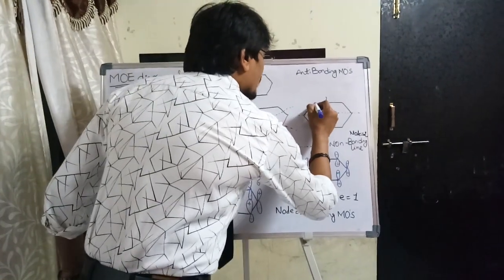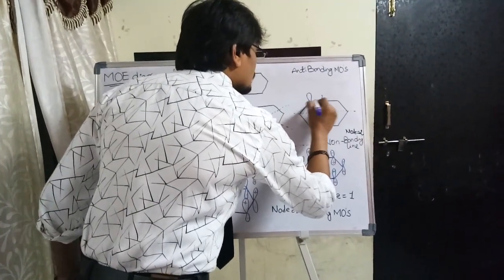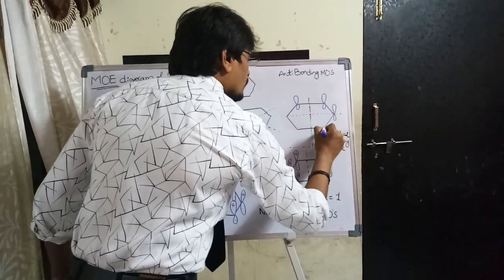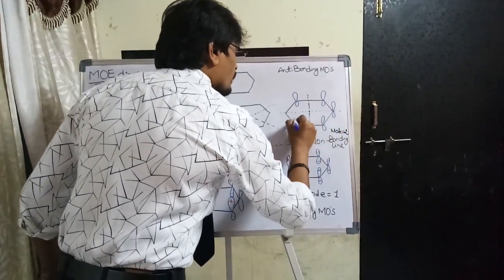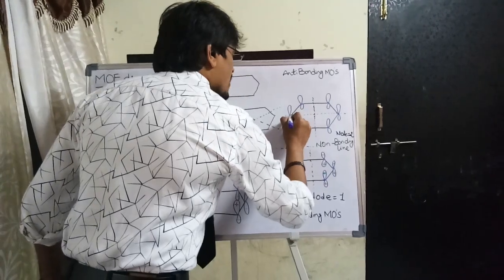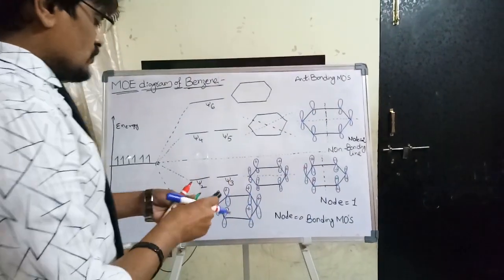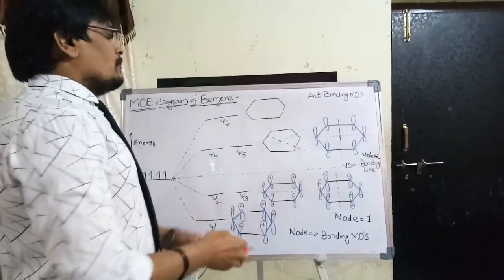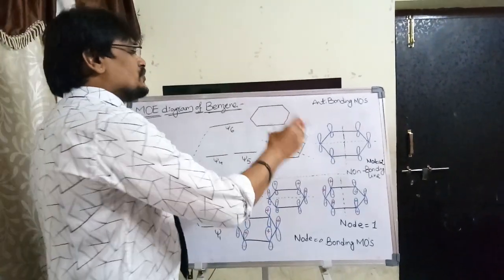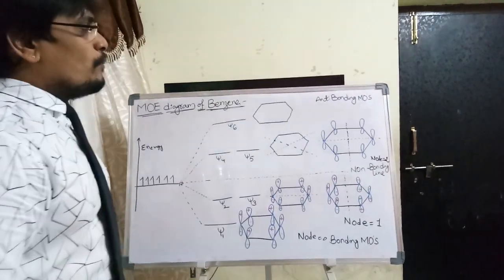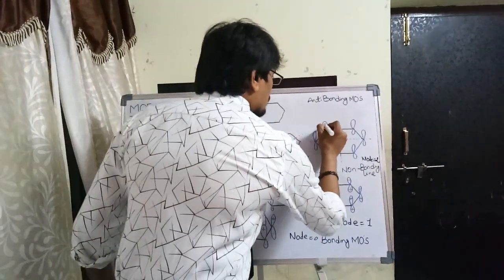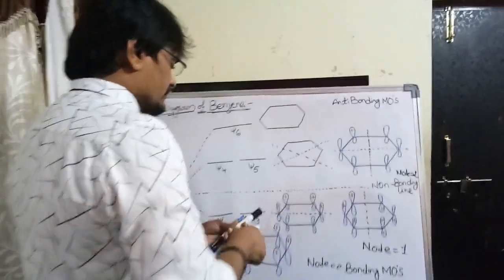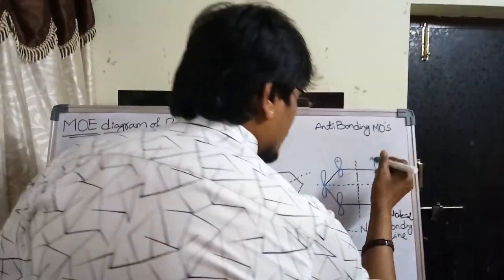Now let us draw the lobes. 1, 2, 3, 4, 5, and 6. So now what we have to do? Based upon the line, we have to project the positive and the negative signs of the lobes. Let us start with positive. Now there is a line in between, so it becomes negative.